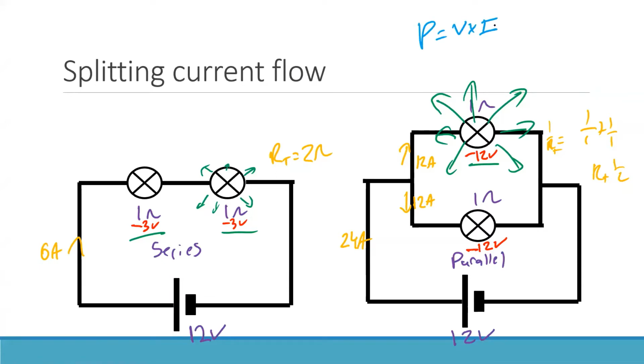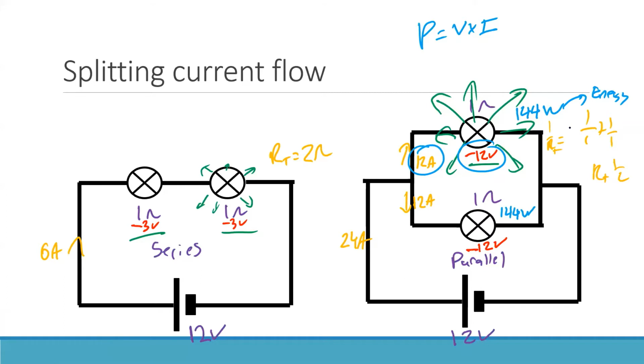So if I look at this top one, I've got 12 amps at 12 volts. I've got 144 watts getting dropped over this light bulb. And I've got 144 getting dropped here. And remember, watts, power, is linked to energy per second. That's how much energy is getting dropped over here, 144 watts.